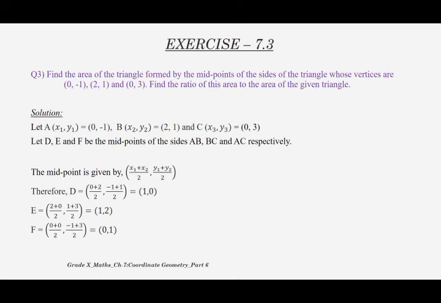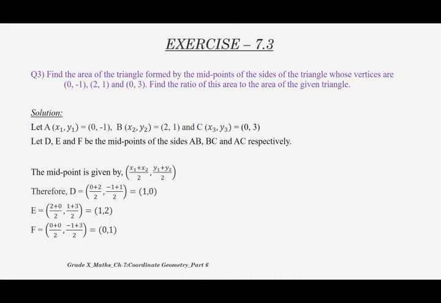Question number 3. Find the area of the triangle formed by the midpoints of the sides of the triangle whose vertices are (0, minus 1), (2, 1) and (0, 3). Find the ratio of this area to the area of the given triangle.